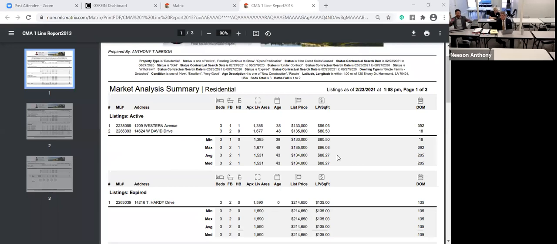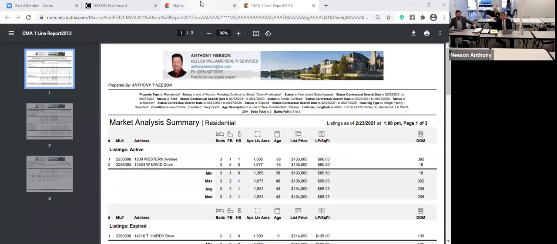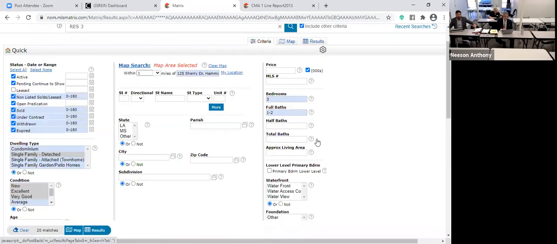Right? So I'm starting to look at all of these things that come out of this data. Okay. Now, if I'm in my criteria and I know approximate living square footage is somewhere between 1,200 and 1,350, well, now look, I went down to one match just by changing this living area.